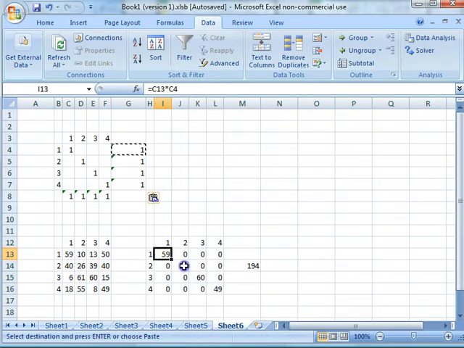If we add all these values together, we would get a net benefit of 194.